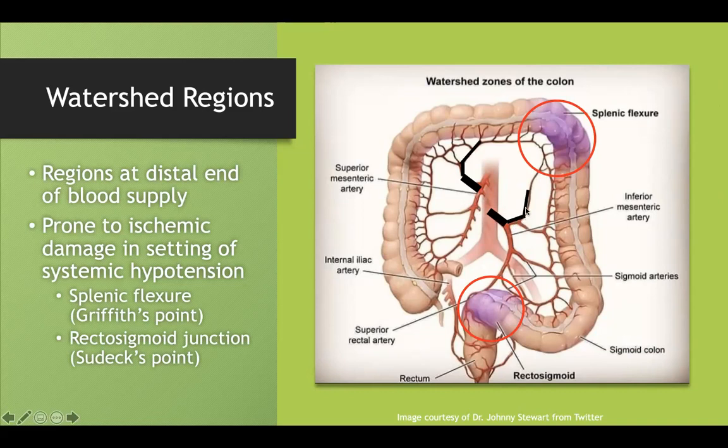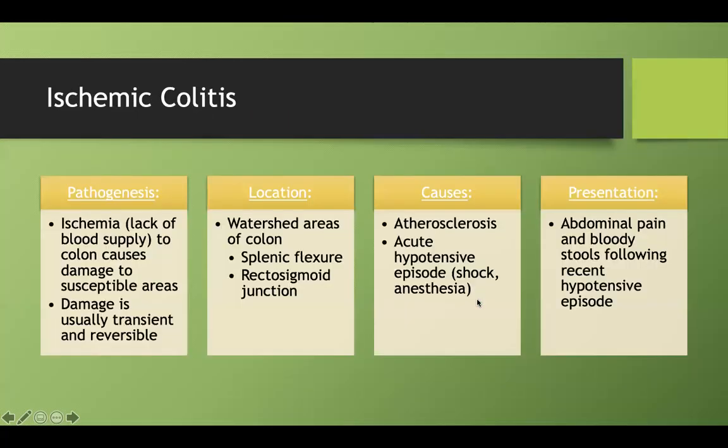But as the blood supply starts to go more distal, you're going to lose that blood supply. And if you ever have a situation where systemically this perfusion is not very good, you can see how this could easily cause a problem in either this region or in the rectosigmoid junction. And ischemic colitis is the disease that typifies this pathogenesis we just talked about.